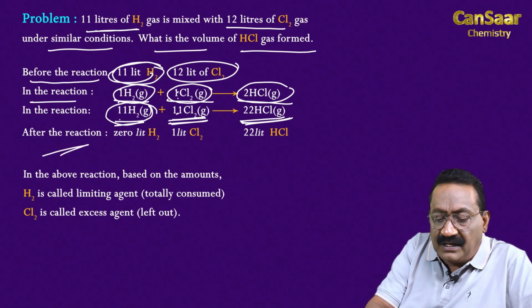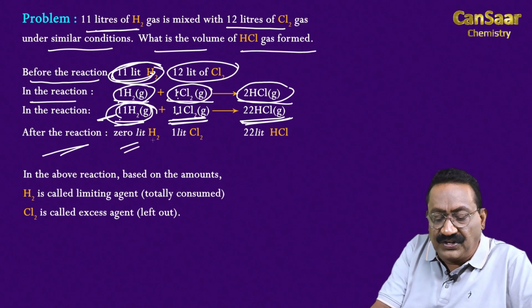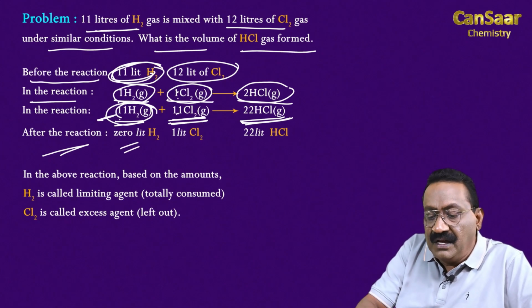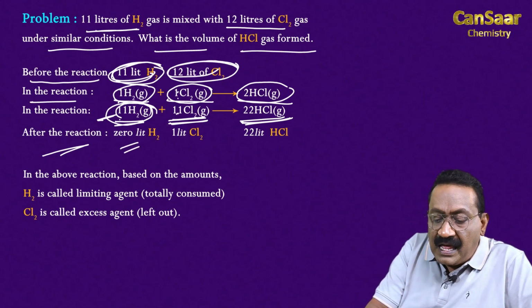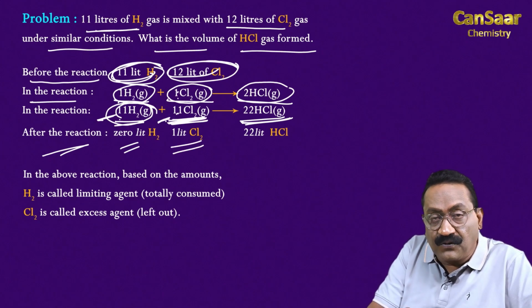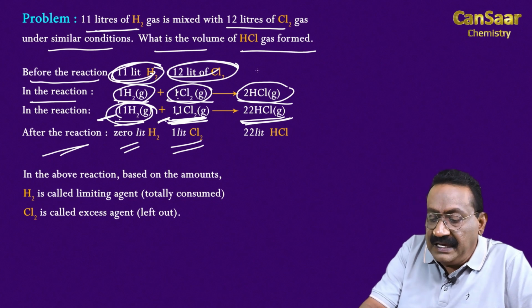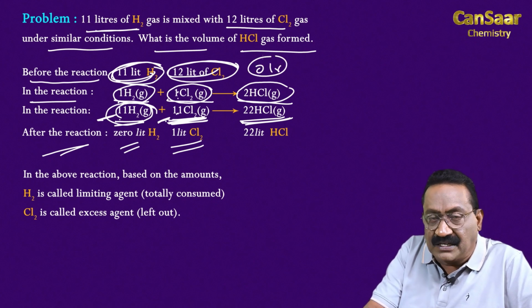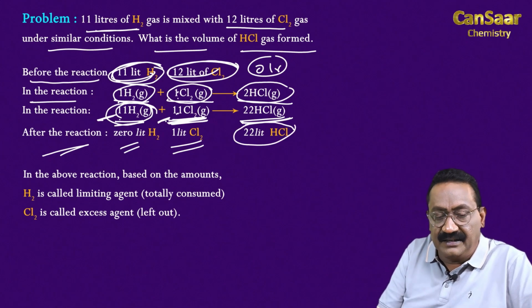After the reaction, out of 11 liters of hydrogen, the total 11 liters of hydrogen is consumed, so left out is 0 liters of hydrogen. Out of 12 liters of chlorine, 11 liters of chlorine gas is consumed and left out is 12 minus 11, 1 liter of chlorine. And here originally HCl is 0 liters before the reaction and it is produced how much? 22 liters of HCl.